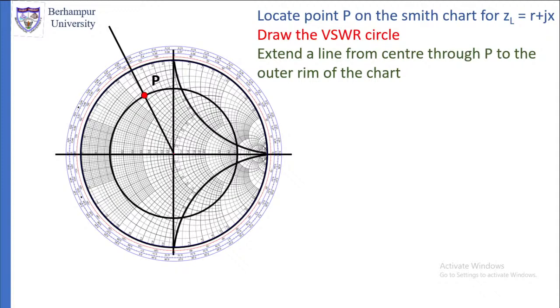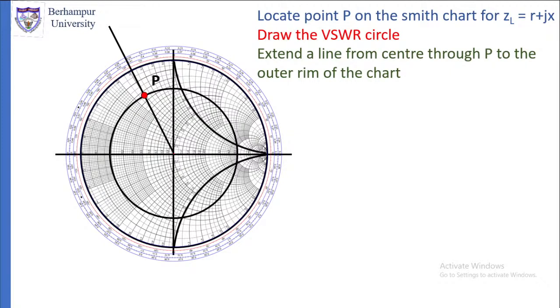From that point, take a radius up to the point P. That is the radius of the VSWR circle. Then draw the VSWR circle, which will pass through point P with center at 1. Once we draw the VSWR circle, we know that on a transmission line, VSWR is fixed.